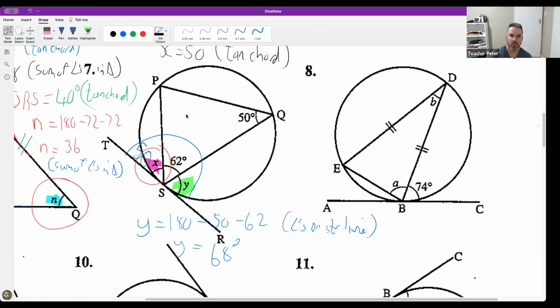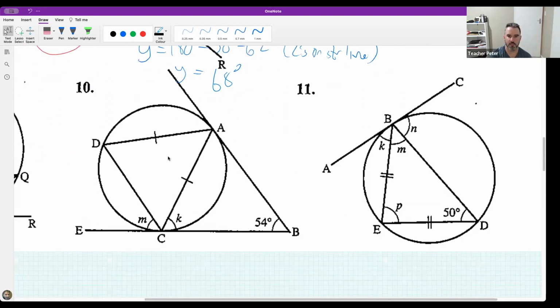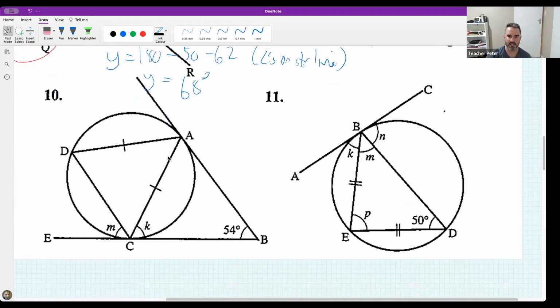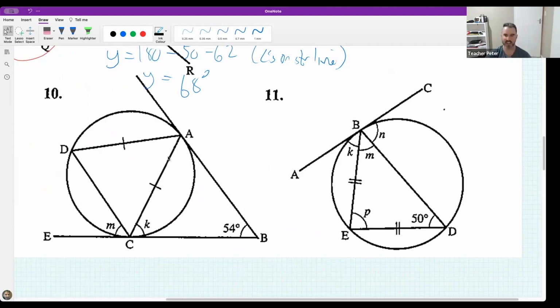Okay, so let's do number 10 and 11. Number 10, I am solving for M and for K. And then also in this one, I'm solving for that, that, and that.